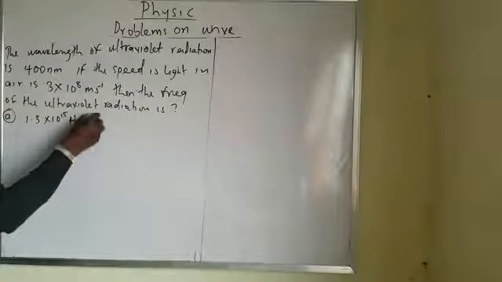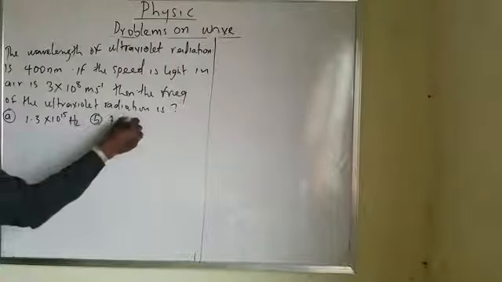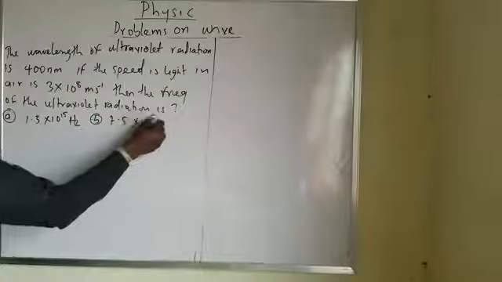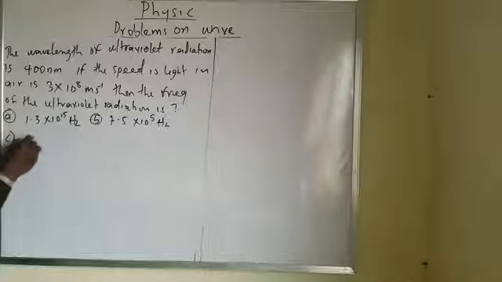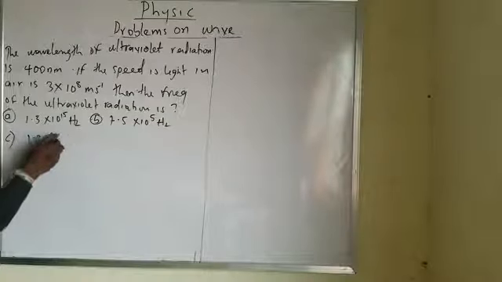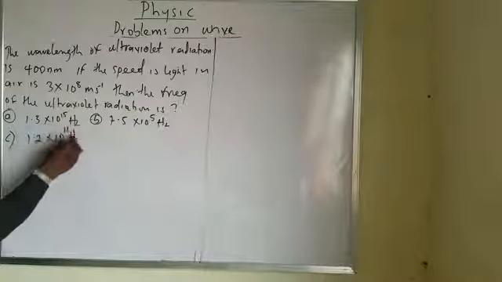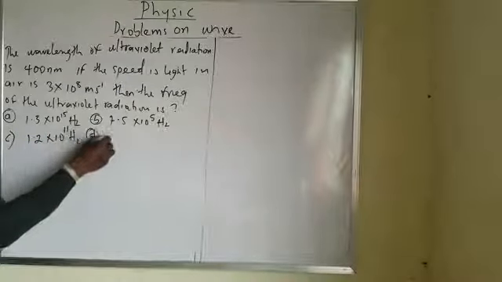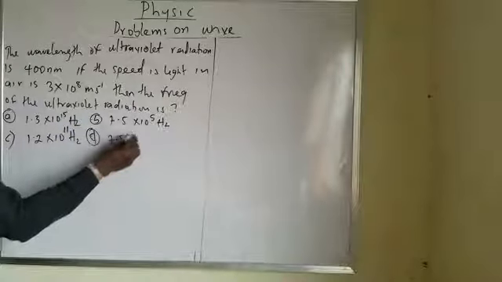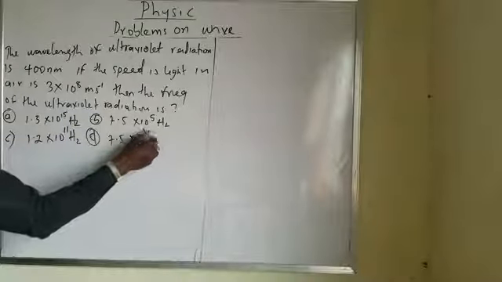B, 7.5 multiplied by 10 raised to the power 5 Hz. C, 1.2 multiplied by 10 raised to the power 11 Hz. And the last option, D, is 7.5 multiplied by 10 raised to the power 14 Hz.